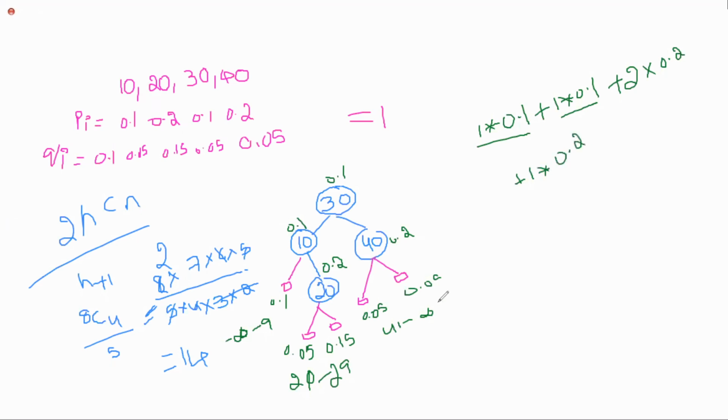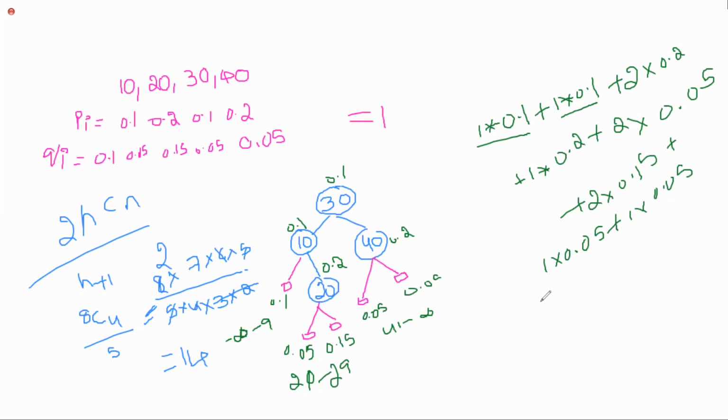For 21 to 29 it will take 2 items, so 2 into 0.05, plus 2 into 0.15, plus this will take only one attempt, so 1 into 0.05, plus again 1 into 0.05. This is the overall probability of the successful or unsuccessful search of the given binary search tree. If you add this, you'll get one answer.